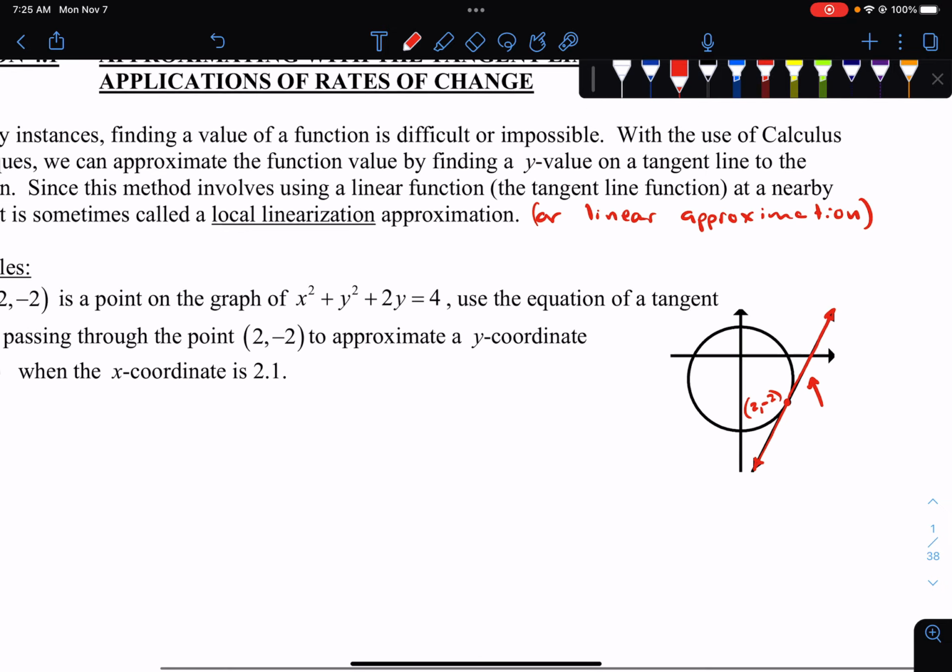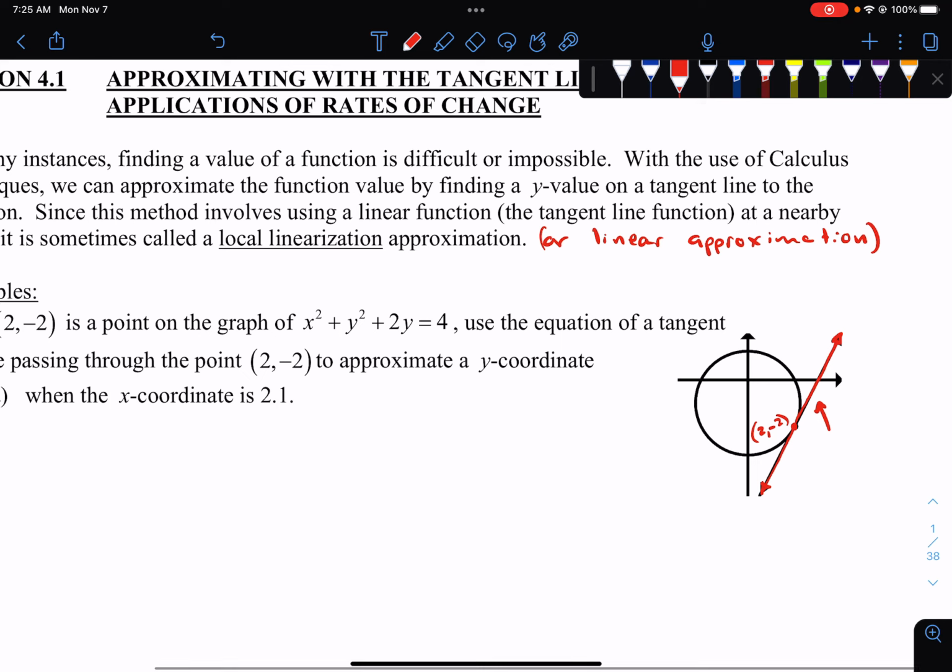And there's 2 different terms that they use. I have always used linear approximation. That's the term that I'm familiar with, that I've always seen. They introduced local linearization this year, and I'm not sure if that's just the author of the textbook's preference or if that's a term that he expects you to see in calculus.